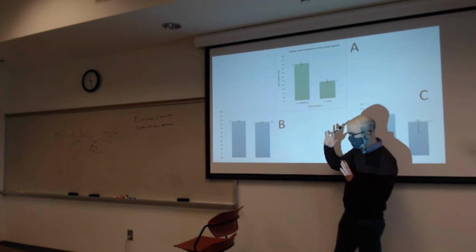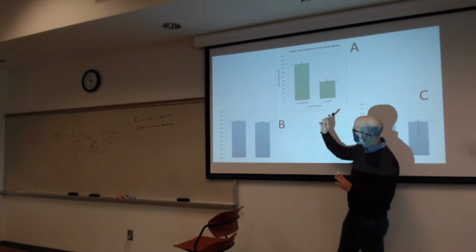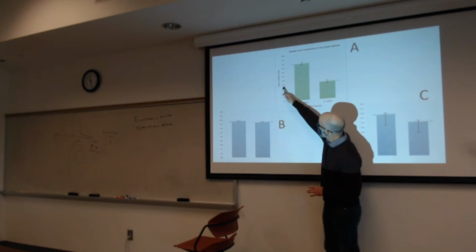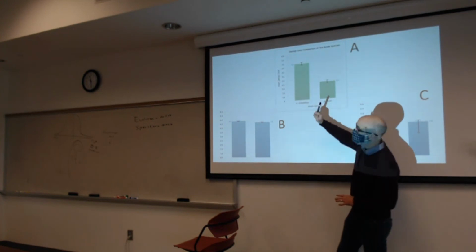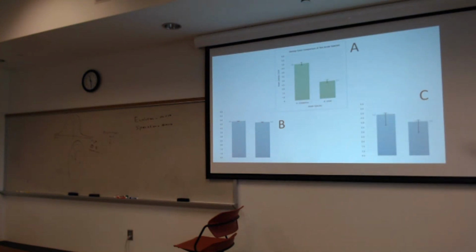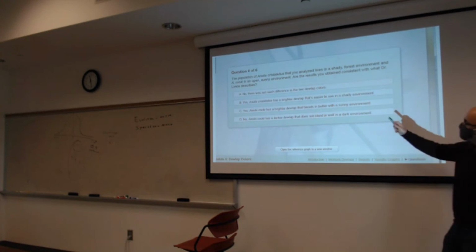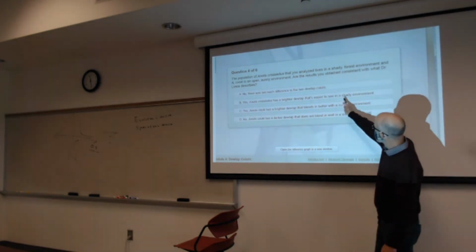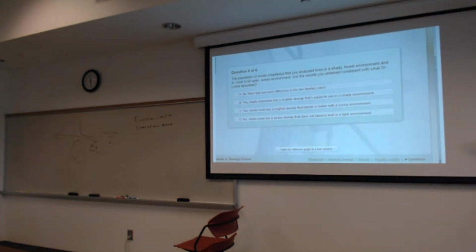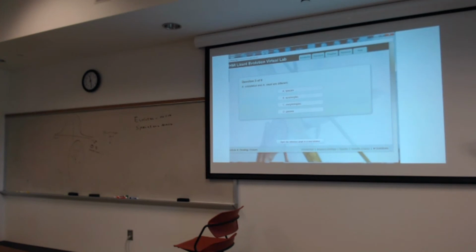They live in a shady place. They have a brighter dewlap color. So is that consistent? Yeah. Yes, because it's easier to see in the shady environment. Okay, what about this one?